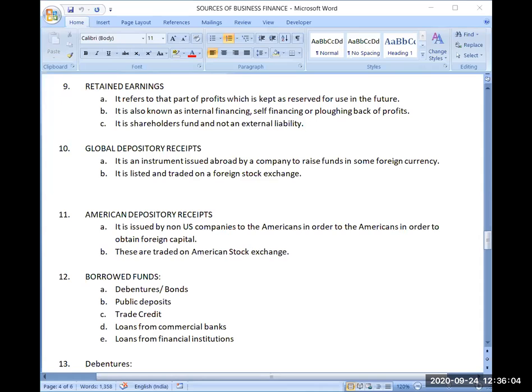Because company requires a lot of funds for its expansion or for its activities that they have to arrange from outside sources. Sometimes, because you have generated this 100 rupees with your own effort, you may invest this rupees 100 also into your business, and then you don't need to arrange funds from the outside sources.